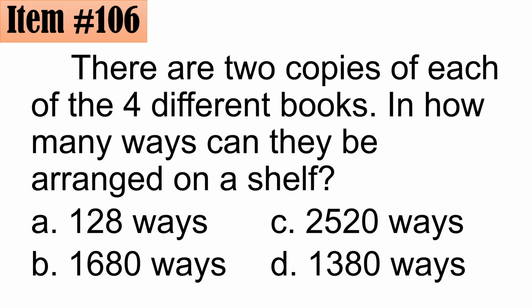Take note po ha, 4 silang iba-ibang libro, pero tigdadalawang kopya sila. And this involves what we call indistinct permutation, or permutation with some of the repeated elements. So ang tanong, ilang books po meron lahat dito?